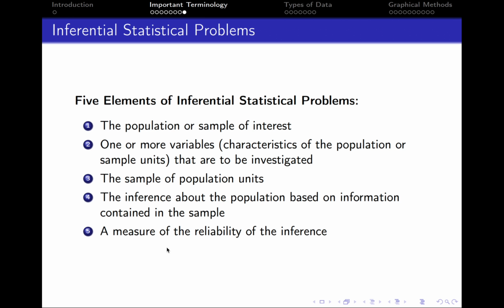And the third step, you need to take a sample of those population units and do the statistical inference about the population based on information contained in the sample. So calculate certain values to make some conclusion about the population. And after this, you need to do the test of reliability. So you need to show that your results are indeed reliable by using a certain statistical tool, which I will teach you during this course.